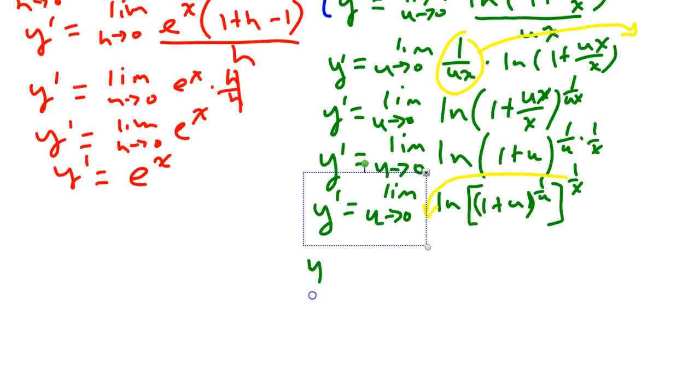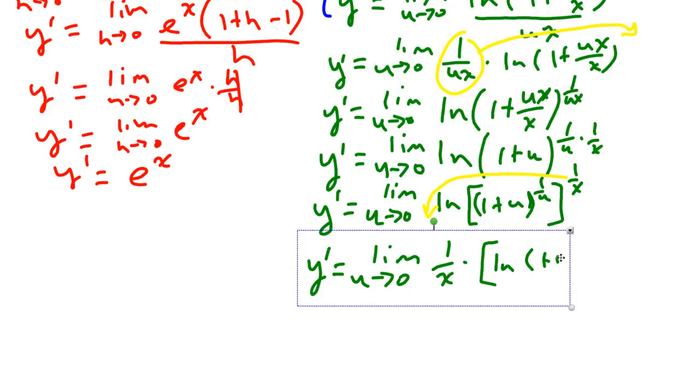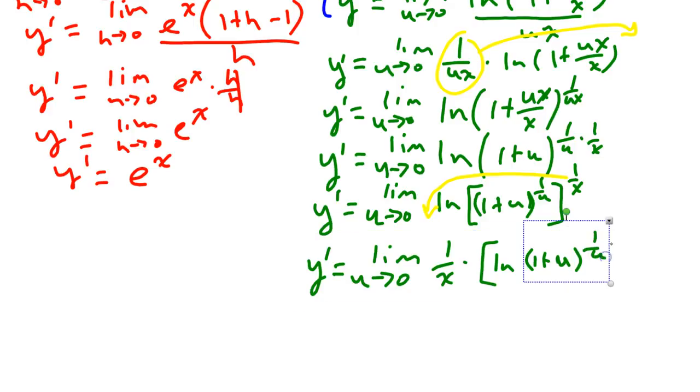And wouldn't that become the derivative is equal to the limit as u approaches 0 of 1 over x times the natural log of 1 plus u to the 1 over u power?